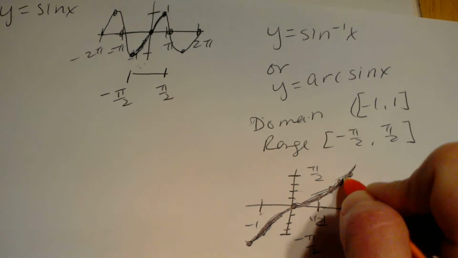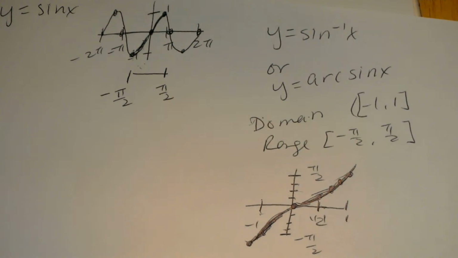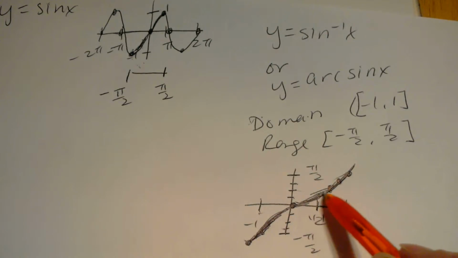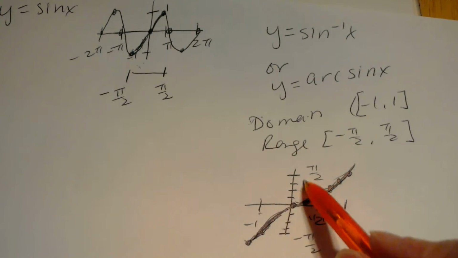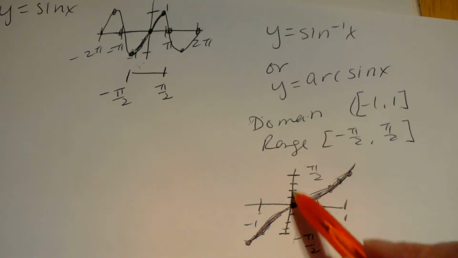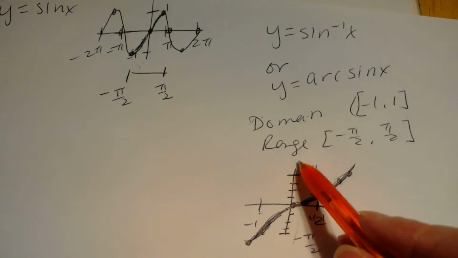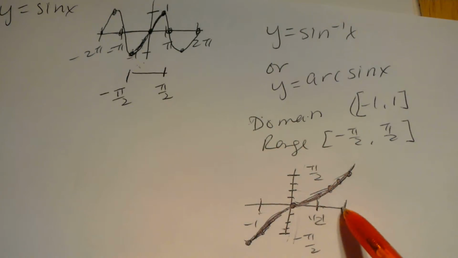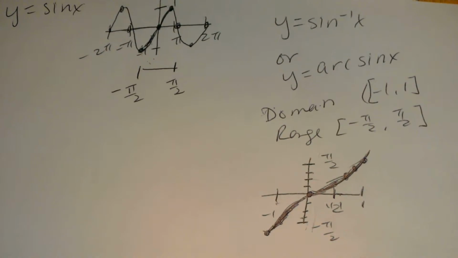And this is more of a bowl shape. So my concavity changes just a little bit. The graph doesn't really change a whole lot, except notice that my angle values are on my y-axis, and my points are on my x. So very similar.